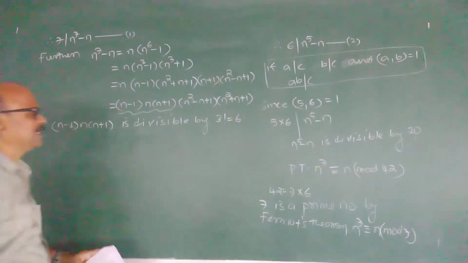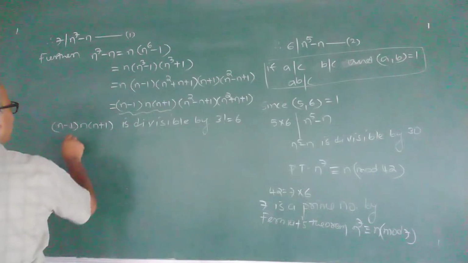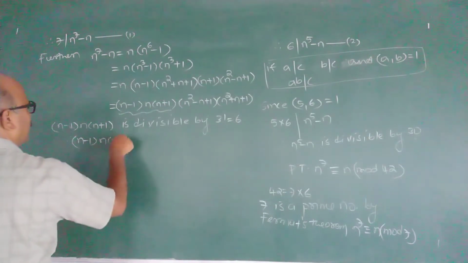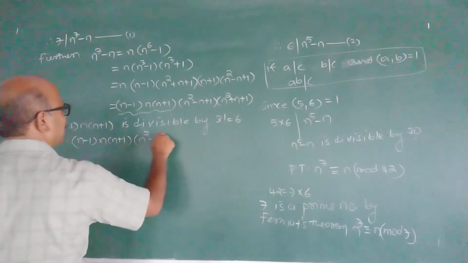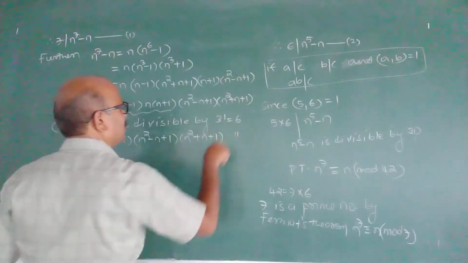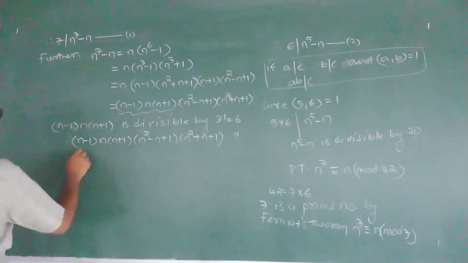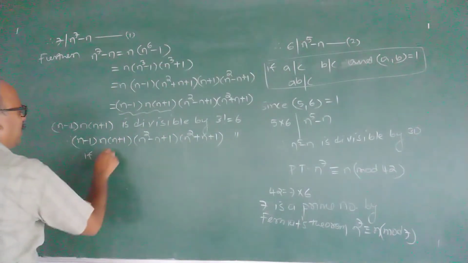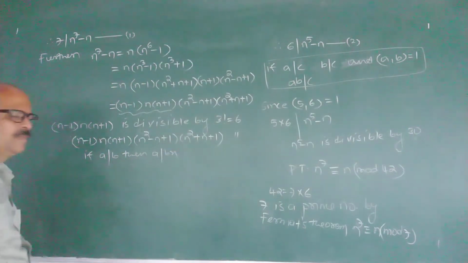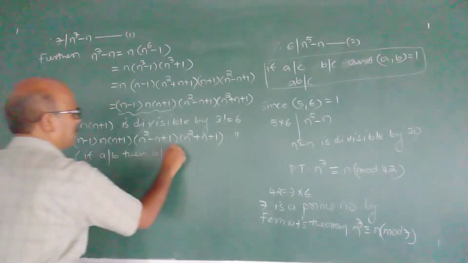It is divisible by 6. Therefore, n minus 1, n, n plus 1 into n square minus n plus 1 into n square plus n plus 1 is divisible by 6. Because if A divides B, then A divides B into X. We have used this result here.